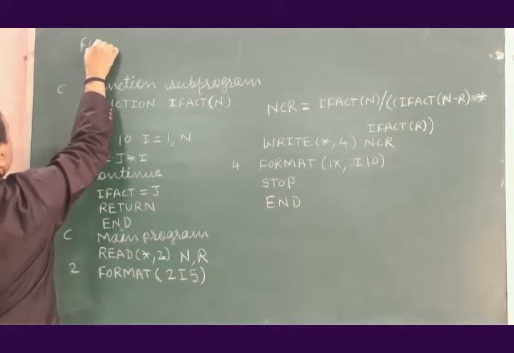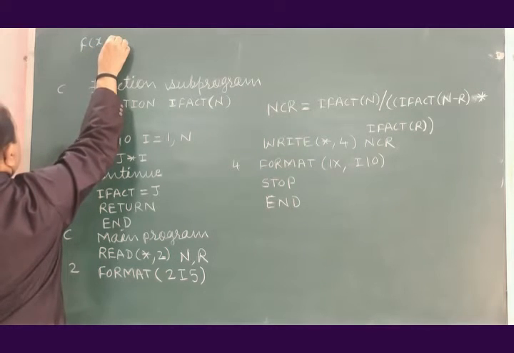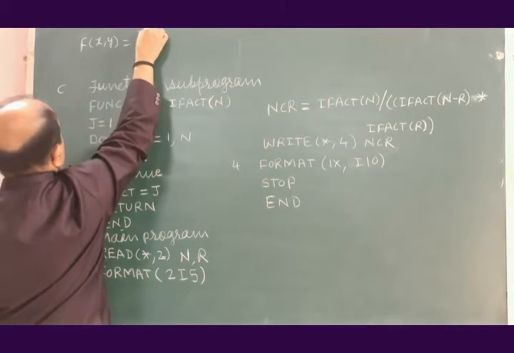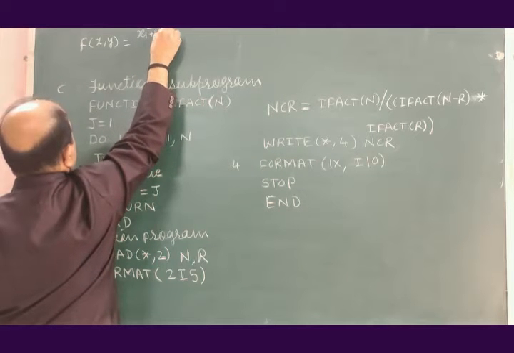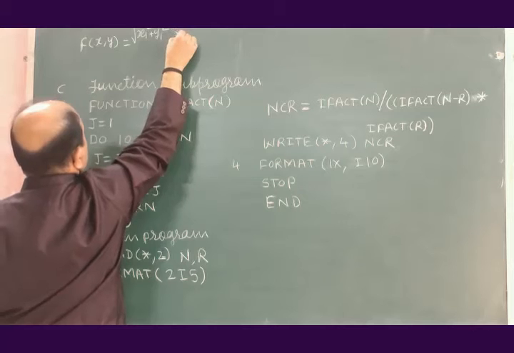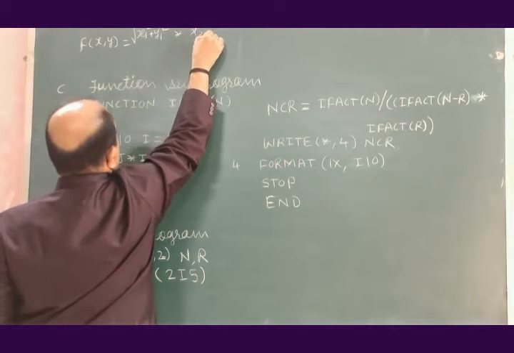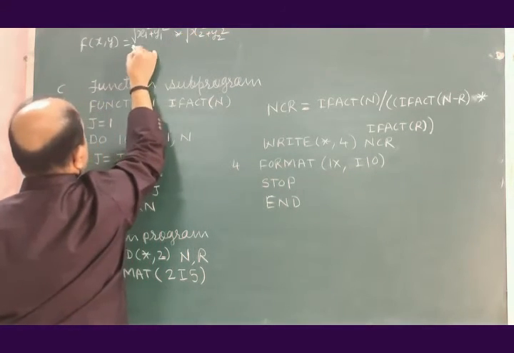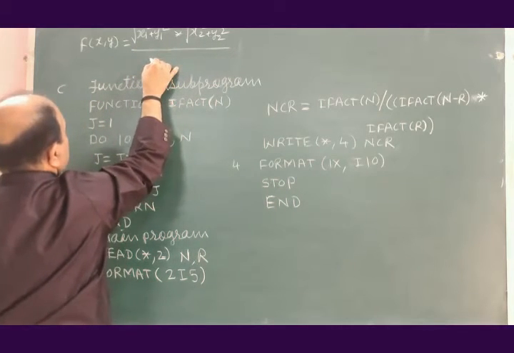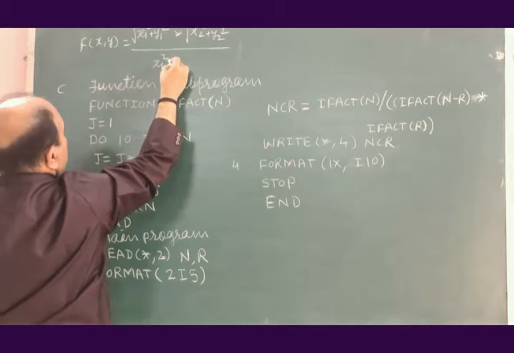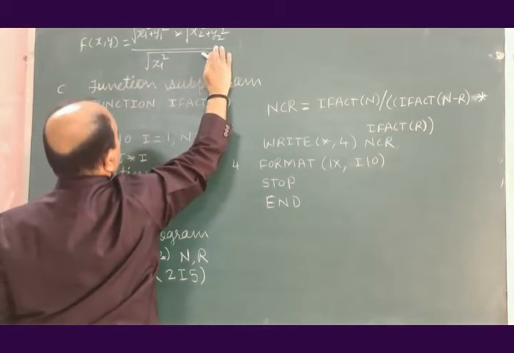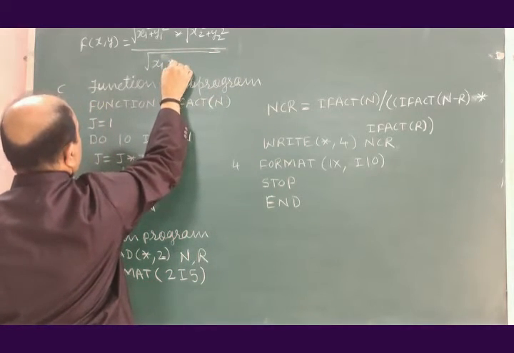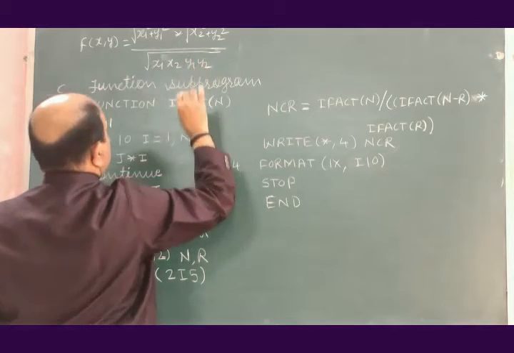F of xy is equal to square root of x1 square plus y1 square, into square root of x2 square plus y2 square, divided by square root of x1, x2, y1, y2.